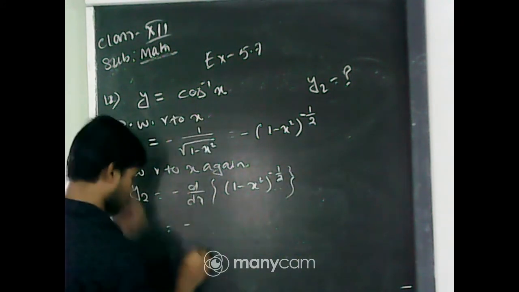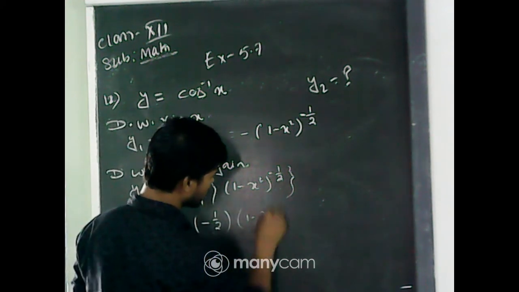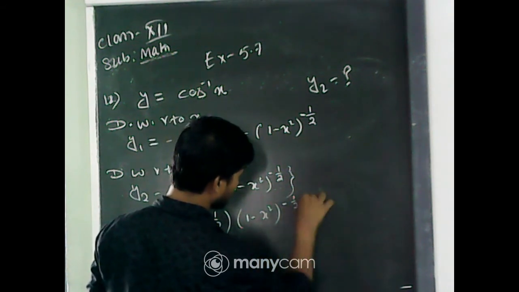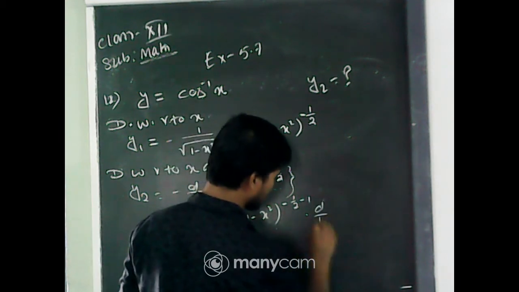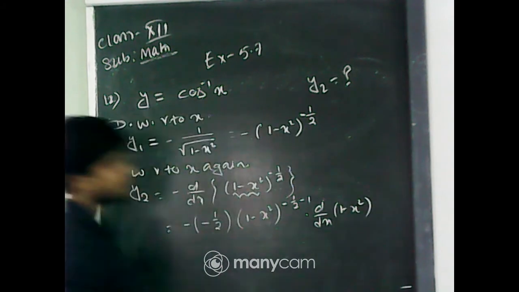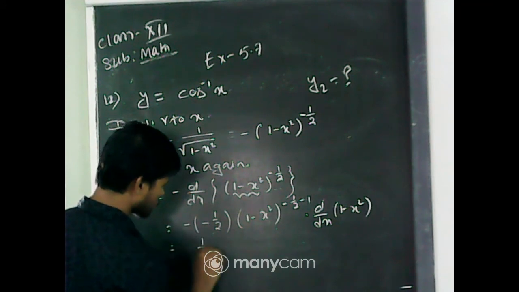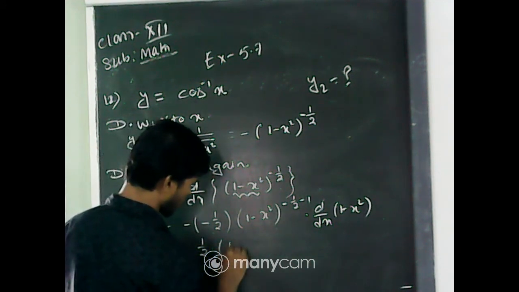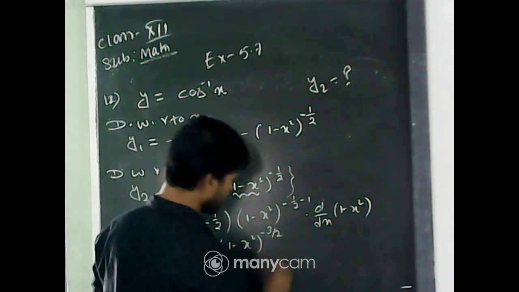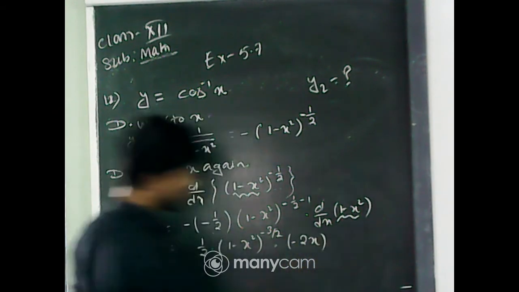It will be minus into minus half into (1 minus x square) to the power minus 3 by 2 into the derivative of 1 minus x square, which we know is minus 2x.